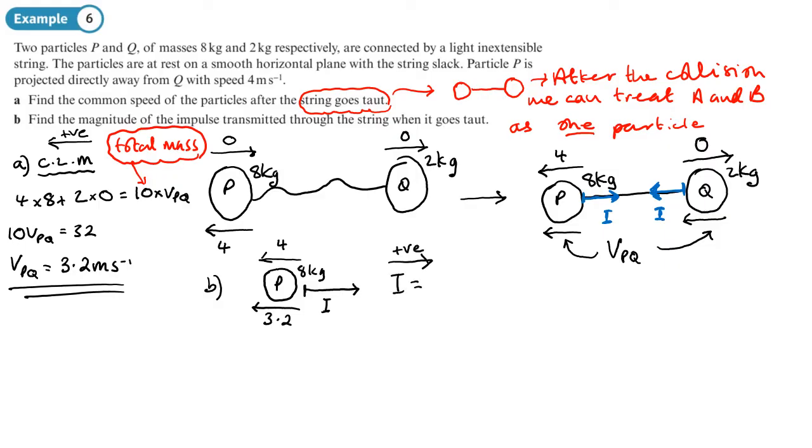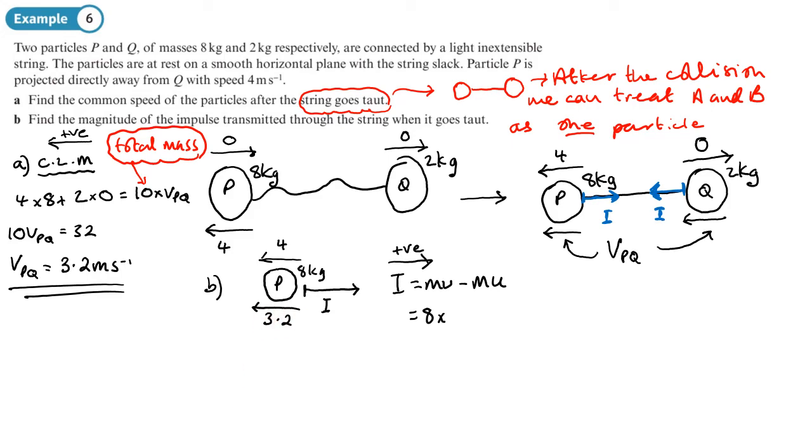Impulse is changing momentum, mv minus mu. So that's going to be 8 times 3.2, negative 3.2 because of the direction, I mustn't forget that.